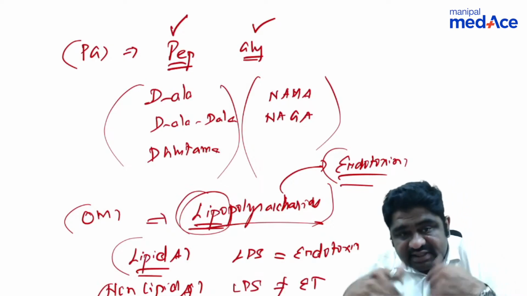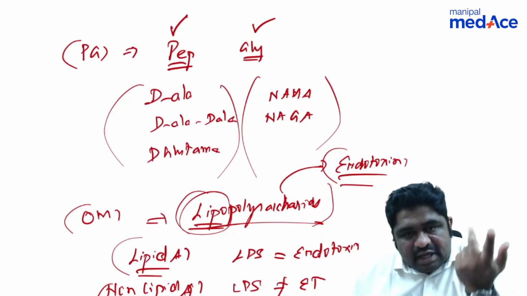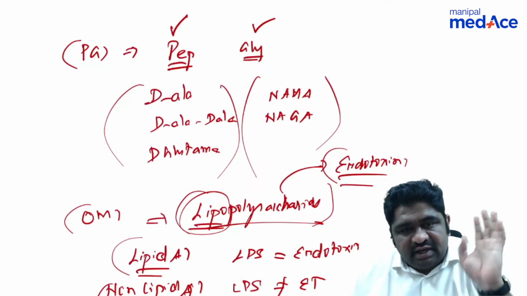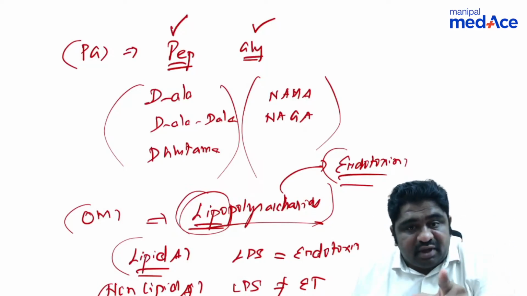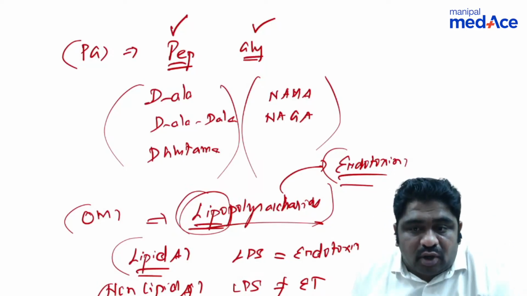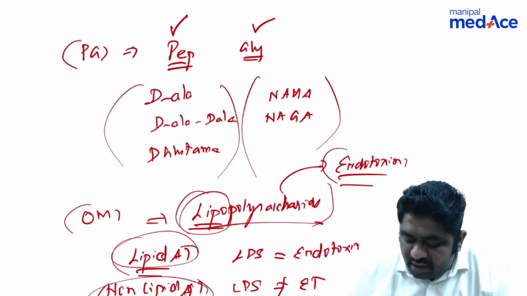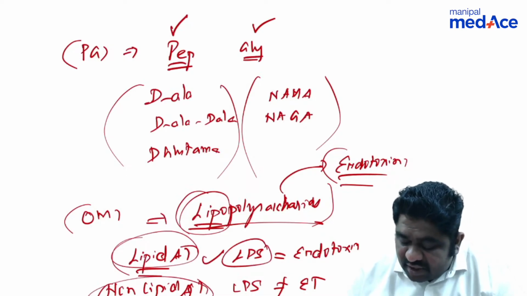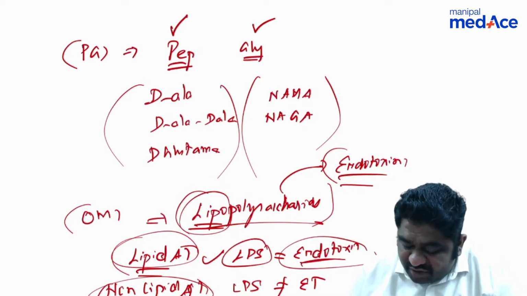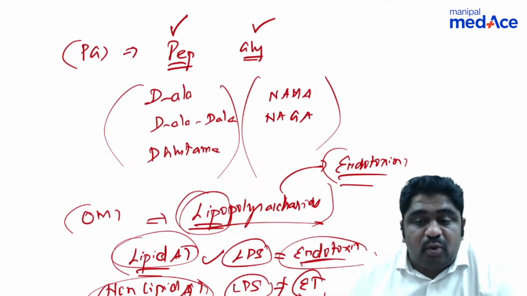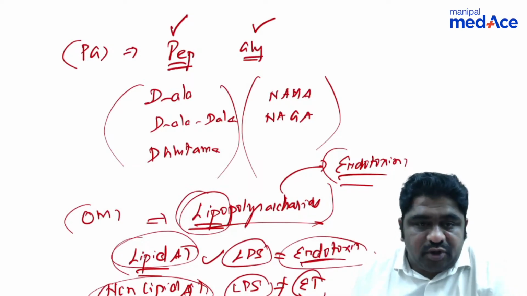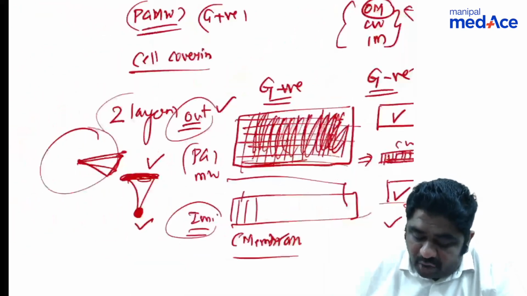It can be lipid B, lipid C, lipid D, etc. Whatever it is, if it is not lipid A, still it is a lipid, but not equivalent to endotoxin. So remember, we have lipid A, non-lipid A. Lipid A LPS is endotoxin, and if it is non-lipid A, LPS is not equal to endotoxin. These are the two things I would want you to remember. Now coming to the point here.